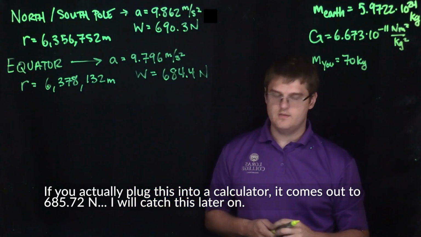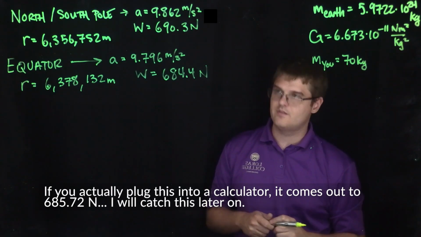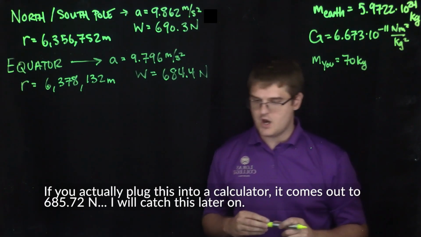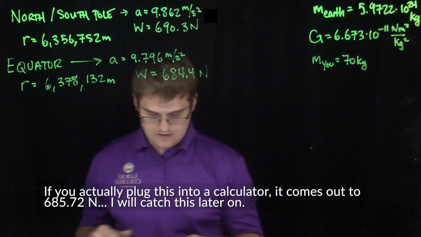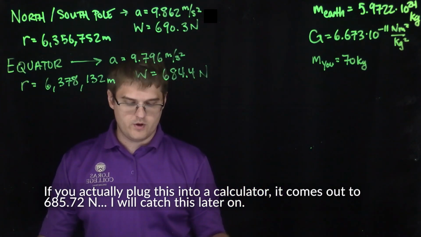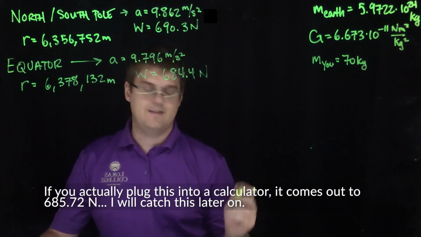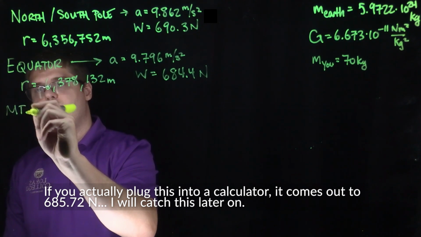Okay, now the highest point on Earth, as defined by physicists, is the furthest distance from the center of the Earth, which is not Mount Everest. It is Mount Chimborazo. I hope I'm saying that right.